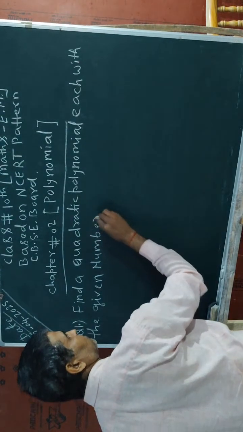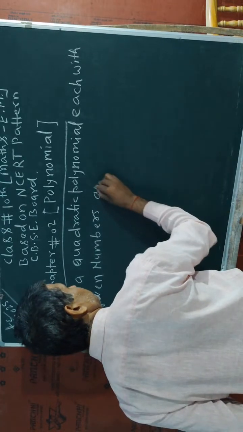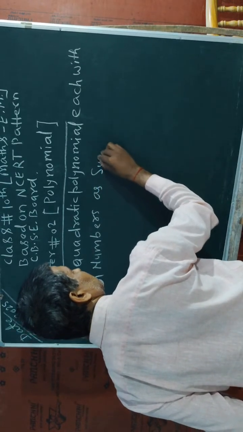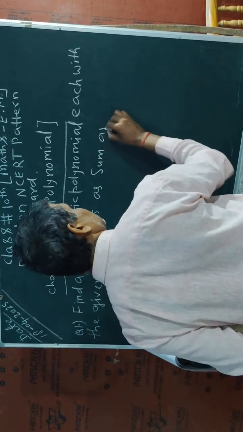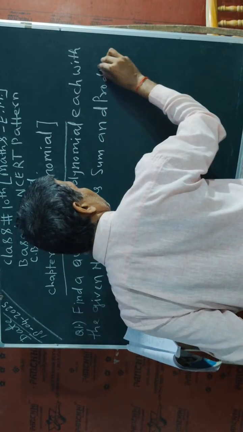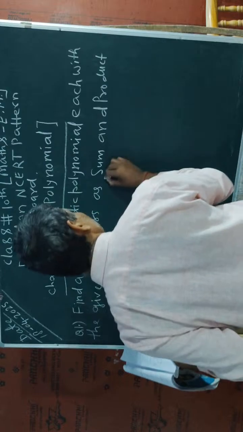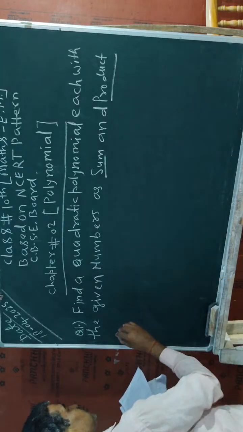With the given numbers I have written here: the sum and product of its zeros.